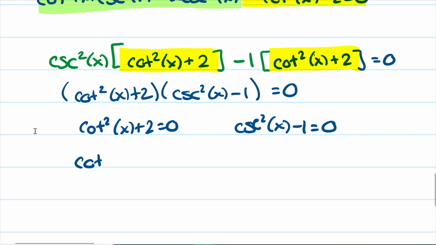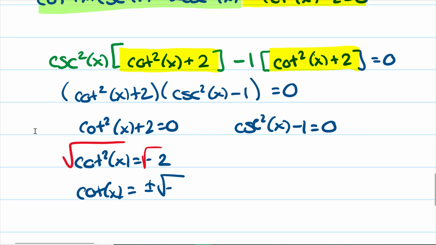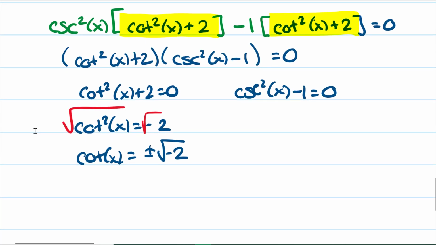So for cotangent squared, I'm going to subtract 2 from both sides and then take the square root. So I get cotangent of x is equal to plus or minus the square root of negative 2, which of course we cannot take the square root of a negative number, so there's no real solution to this part.